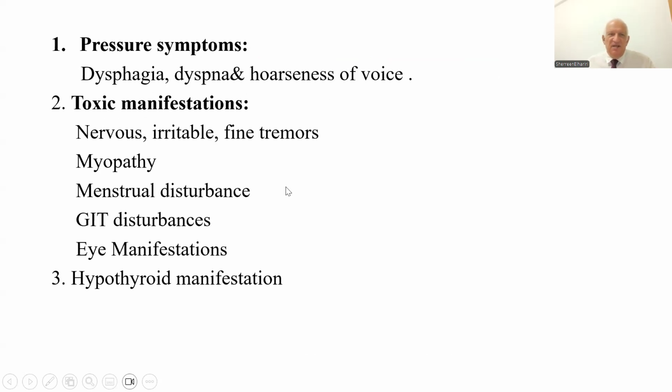Okay. If it is not an examination station and you need to take a history, suppose it is a history station, you need to ask about dysphagia, dyspnea, and hoarseness of voice. You need to ask about toxic manifestations like nervousness, irritability, fine tremor, myopathy, menstrual disturbance in females, GIT disturbance, and eye manifestations.